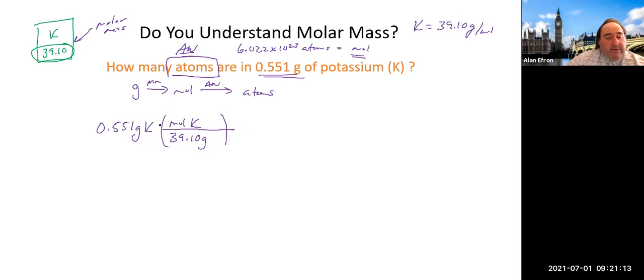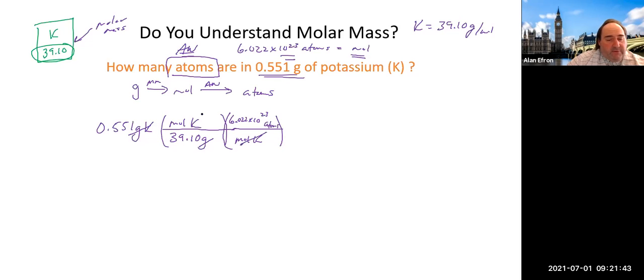If we just sort of follow the units at this point, if I get rid of the grams on top and the grams on the bottom, I am now left with moles that are on top. And that's important because that's going to allow us to use Avogadro's number here as a conversion factor. And if we do that, we want to get rid of moles, which means moles of potassium will go on the bottom. Avogadro's number will go up here on top in terms of atoms.